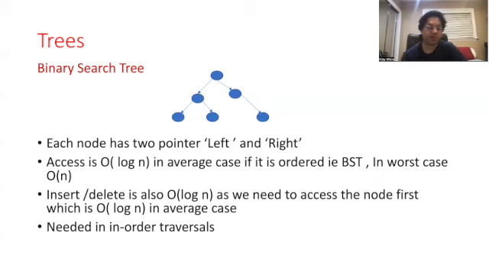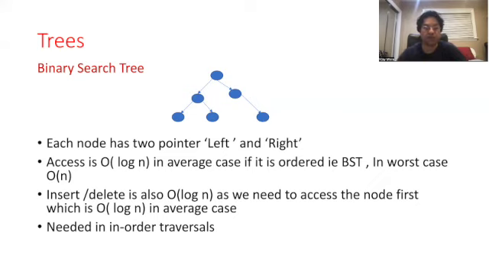Insert and delete operations are also order of log n, because you have to reach a particular element to delete that item, or if you want to insert an item, you also have to reach a particular position, and that maximum height could again be order of log n.